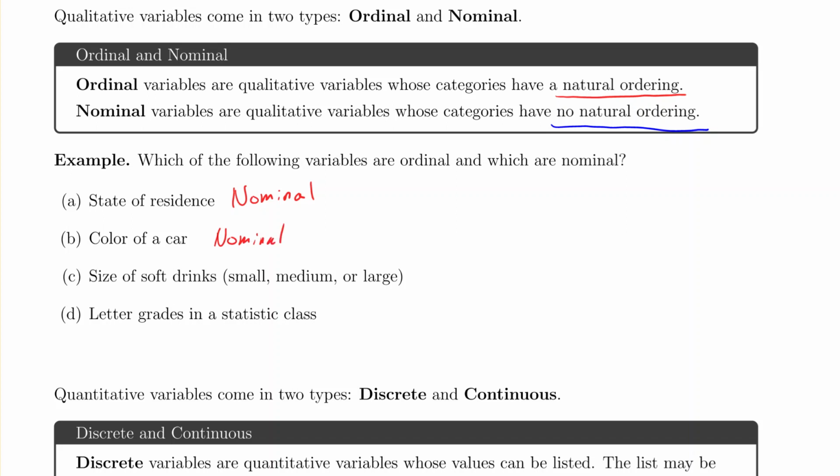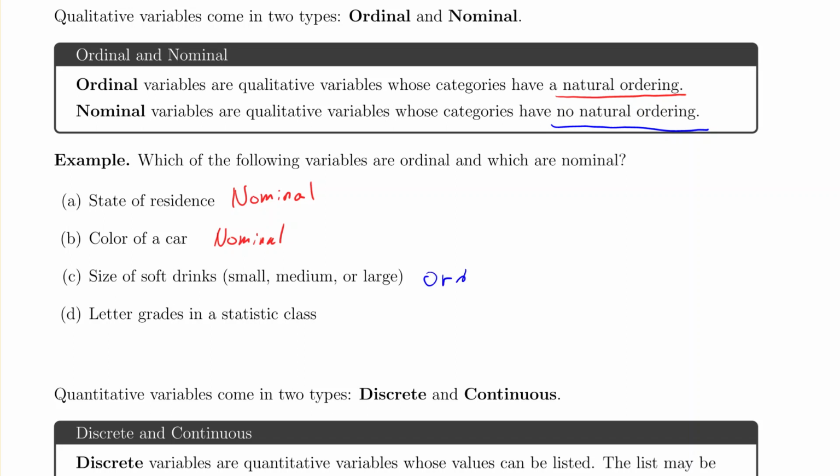Again, color of car and state of residence are qualitative variables. Right? So within qualitative variables, we have subcategories. Size of soft drinks: small, medium, or large. So in this case, there's a natural ordering. The biggest to smallest or smallest to biggest. Either way, there's a natural ordering.